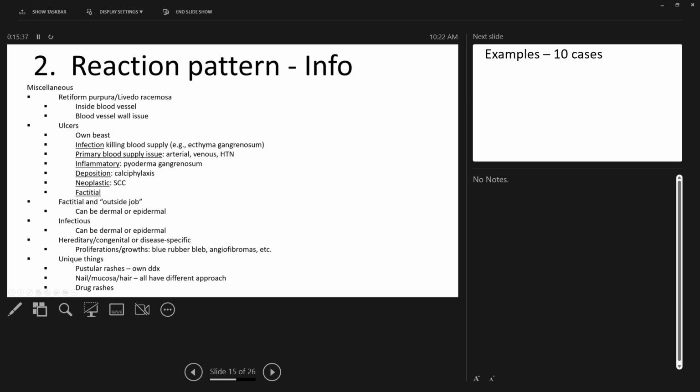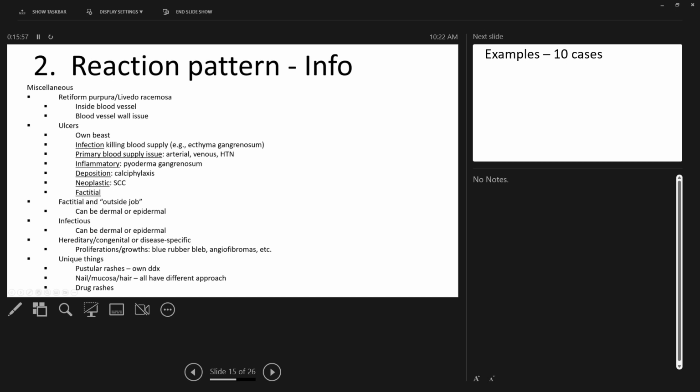Infection is its own beast. You can have an epidermal infection, tinea corporis, or you can have a dermal infection, angioinvasive fungus, ecthyma gangrenosum with Pseudomonas, etc. It's its own beast, so it should be treated as such. There's this reaction pattern that doesn't really fit into anything in terms of hereditary, congenital, or disease-specific.